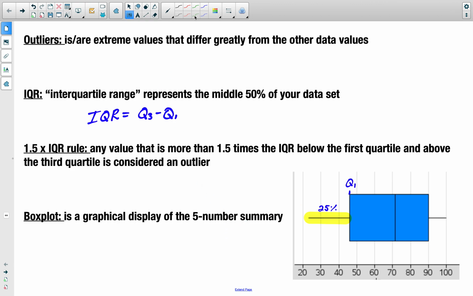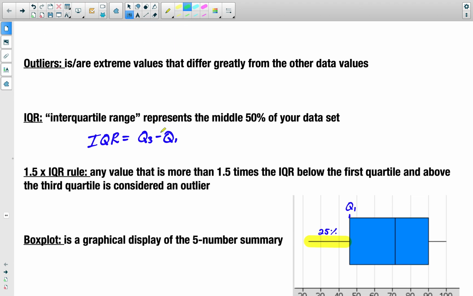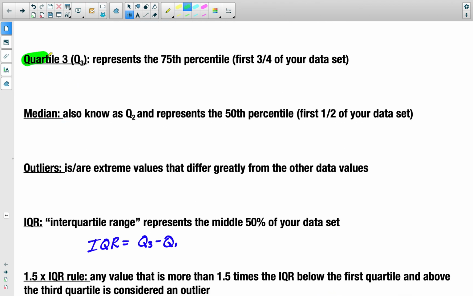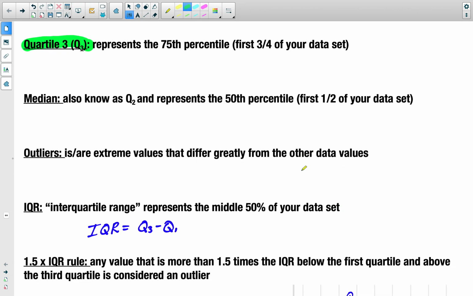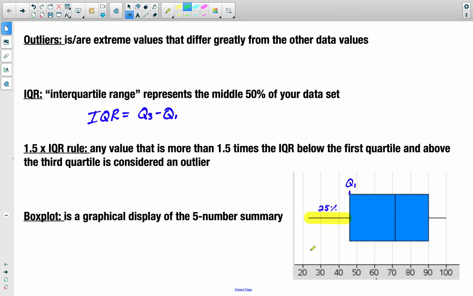All right, so now I'm going to switch highlighter colors. Let's go with green for the next one. We'll talk about quartile 3. So that would be from your min up to the end of your box.